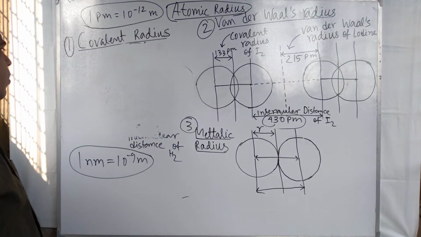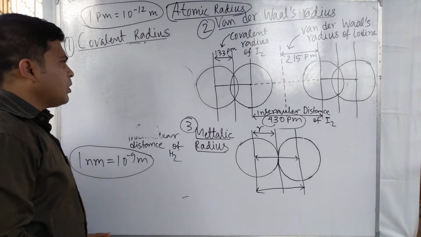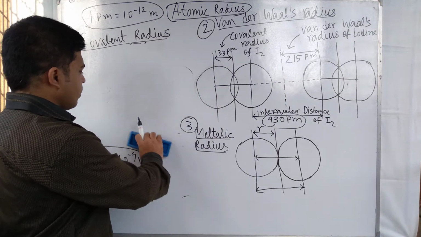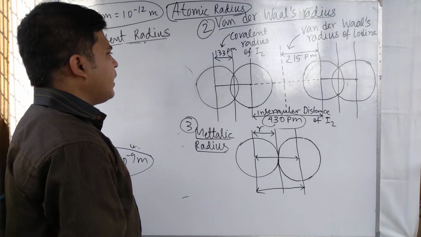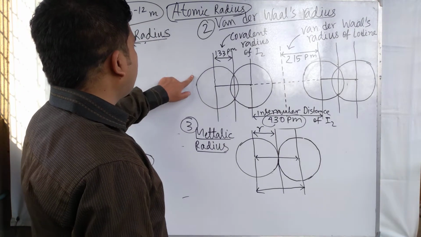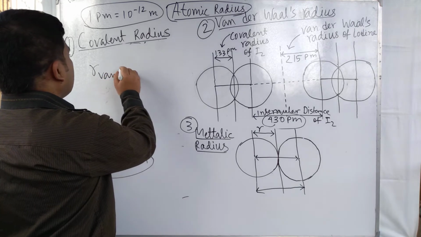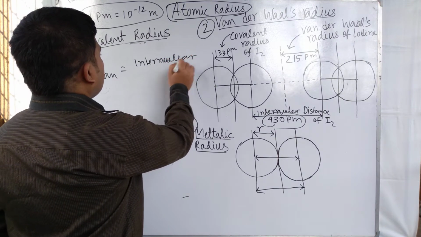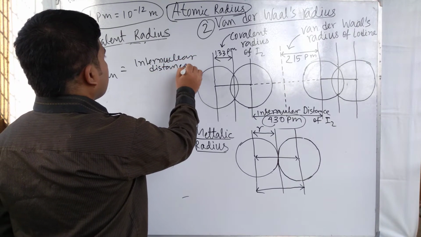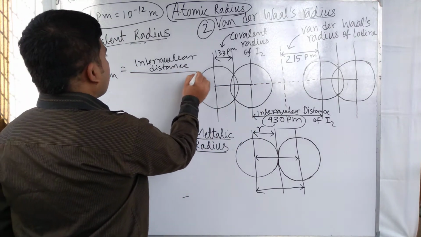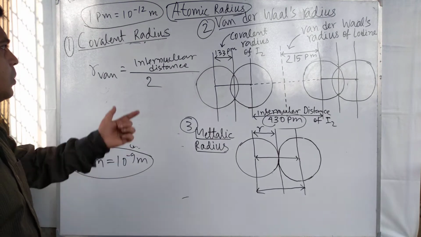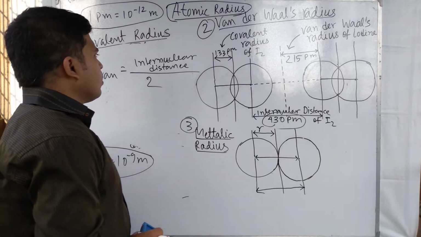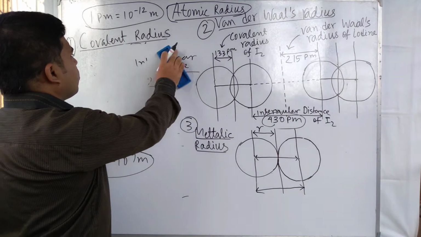So this is the way of calculating covalent radius for a heteroatomic compound. For van der Waals radius, the formula is R van der Waals equals the internuclear distance between two atoms divided by 2, and using this formula you can easily calculate the van der Waals radius of a substance.